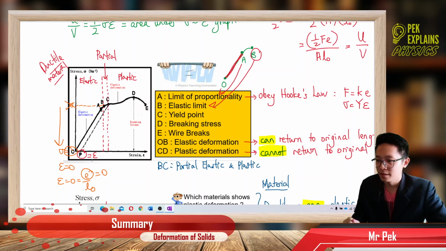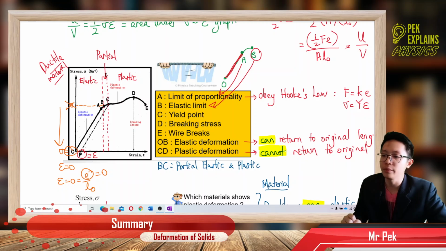So when you pull to C, C is called the yield point. When you pull until the yield point and you release the stress, the strain cannot go back to original length entirely, but it goes back to P. It has a very small amount of permanent elongation.